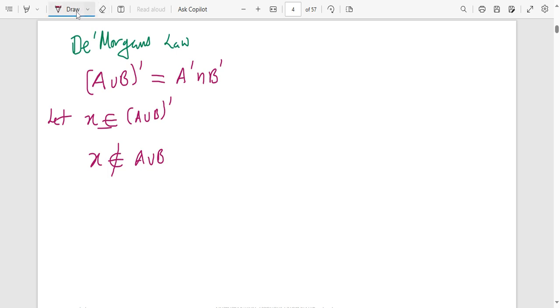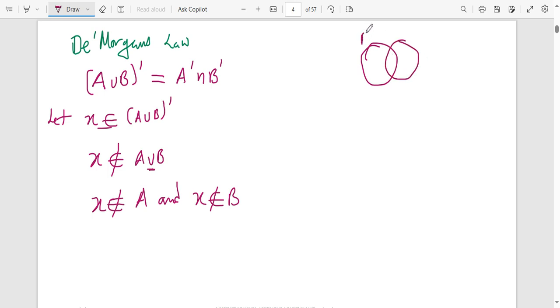So in this case, X is not going to be a member of A, and X is not going to be a member of B. You've seen the difference? The word union is being represented by and because it's not a member. Look at this. This is your set A, this is your set B.